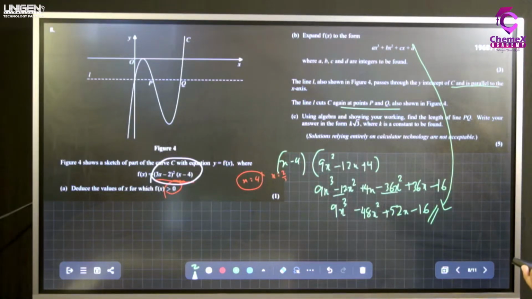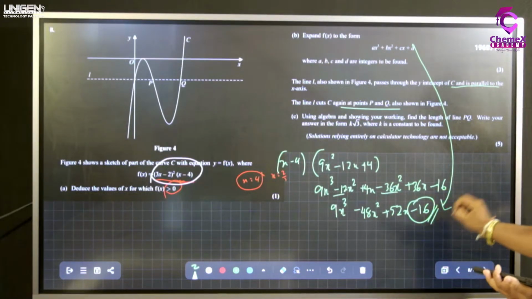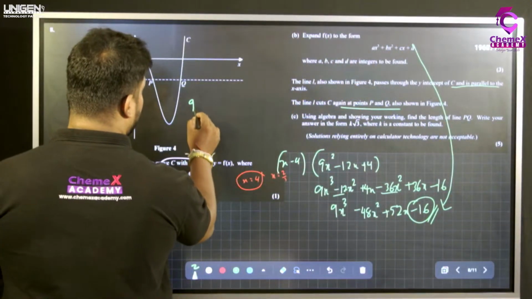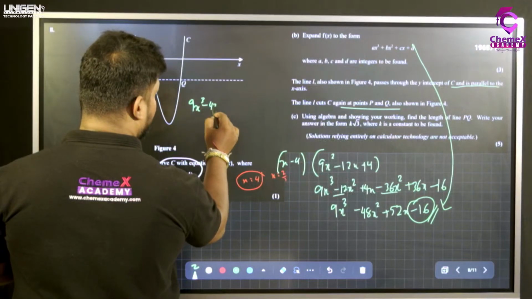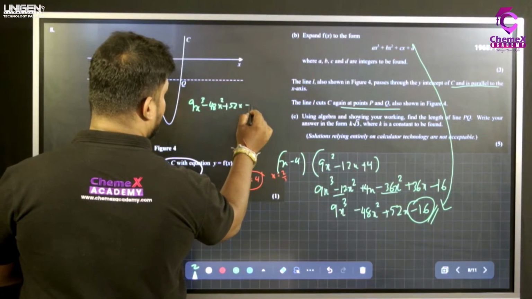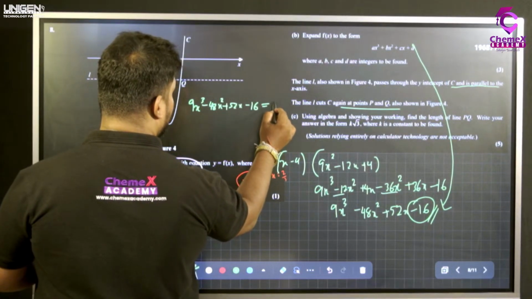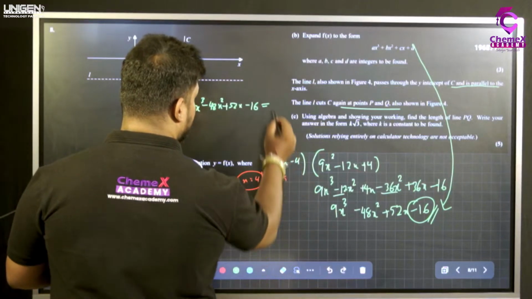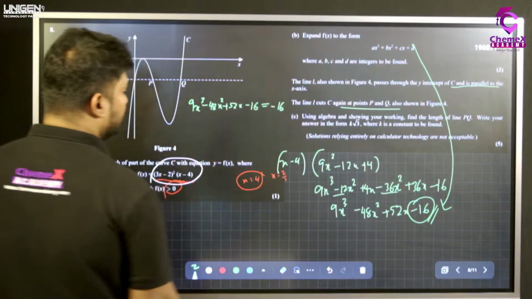So it's minus 16 again. So that means you have to equal it to what? 9x to the power 3 minus 48x squared plus 52x minus 16 equals minus 16. Then it becomes 0.